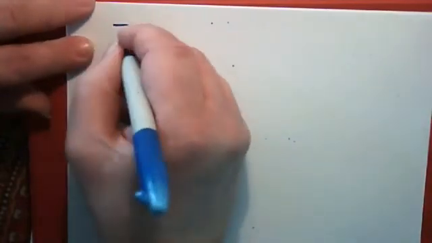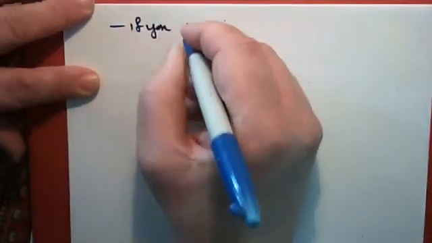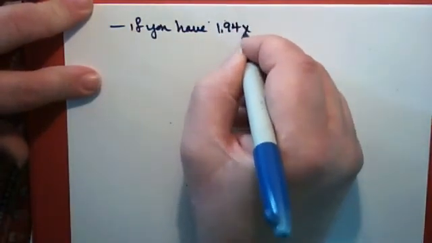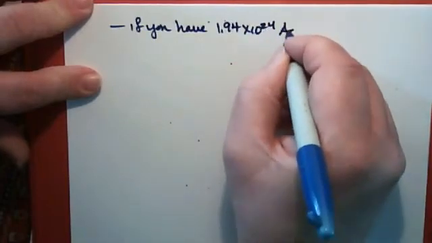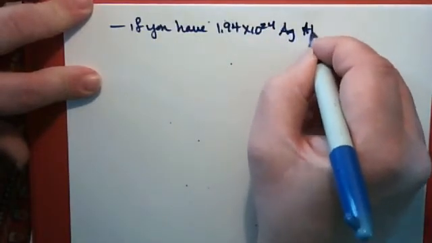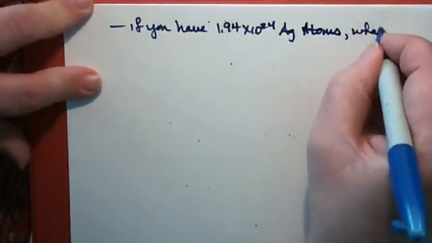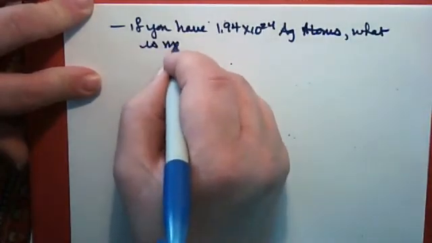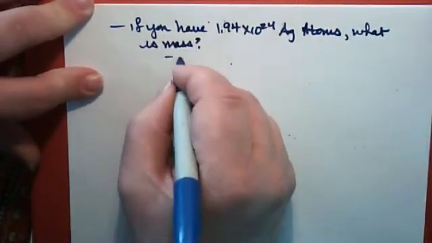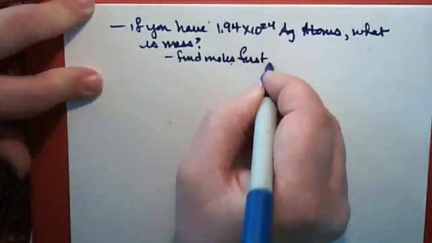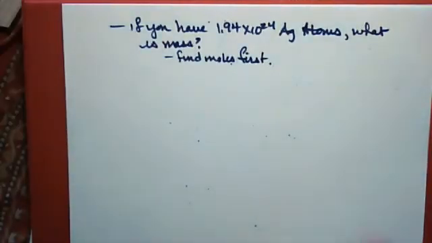Okay, and one last example. If you have 1.94 times 10 to the 24th atoms of silver, what is its mass? Remember what I said, anytime you're converting between mass and number of items, you always have to go by way of moles.